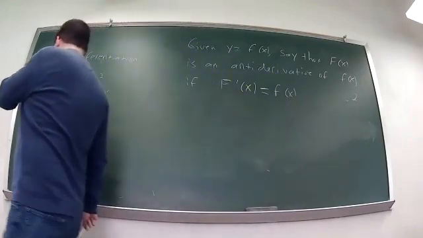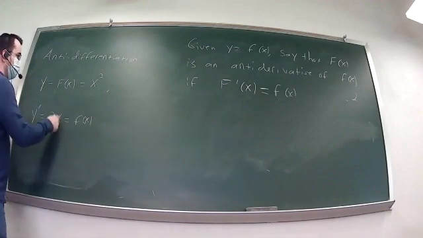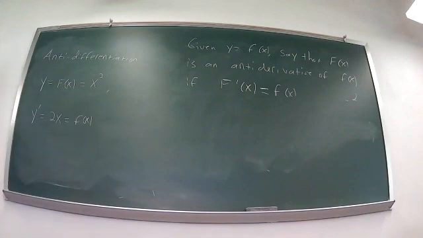So for instance, I've just shown that x squared is an antiderivative of 2x. Lowercase f equals 2x, capital F equals x squared.